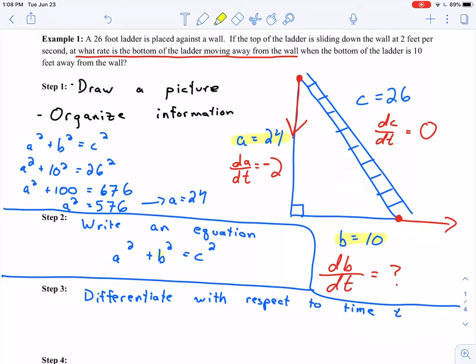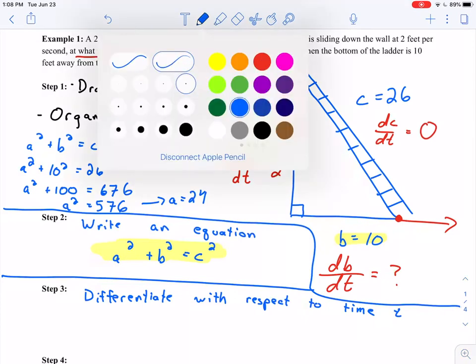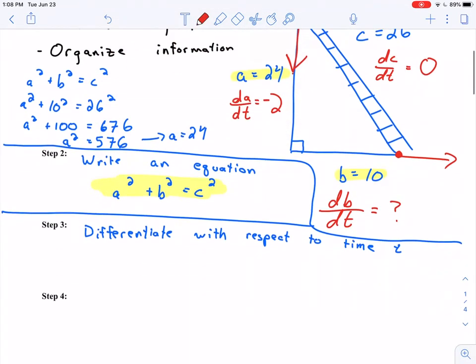So I'm going to take this equation that I just wrote in step 2, and I'm going to take the derivative of it with respect to time. Essentially, I want to take the derivative of a squared plus b squared is equal to c squared with respect to time right here.